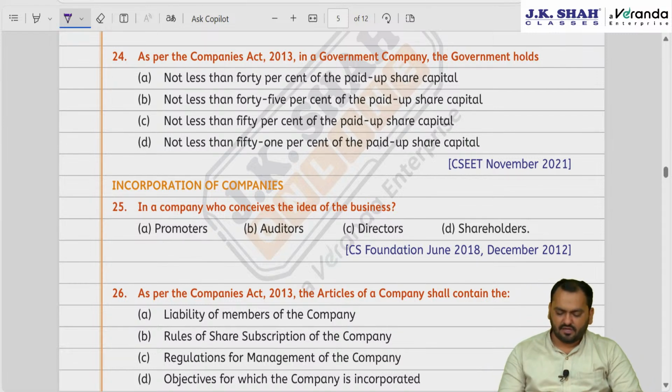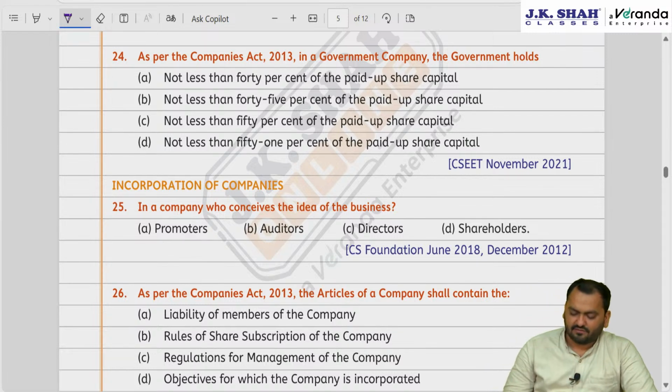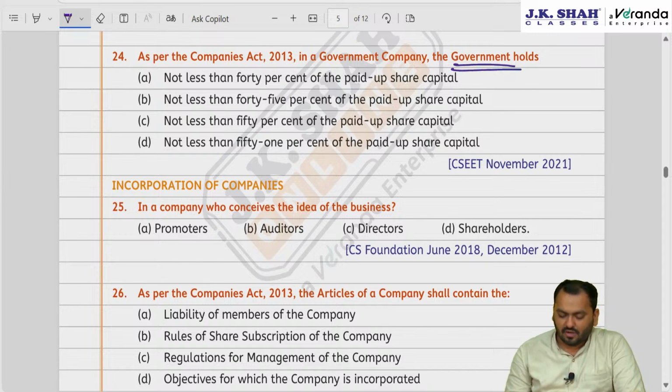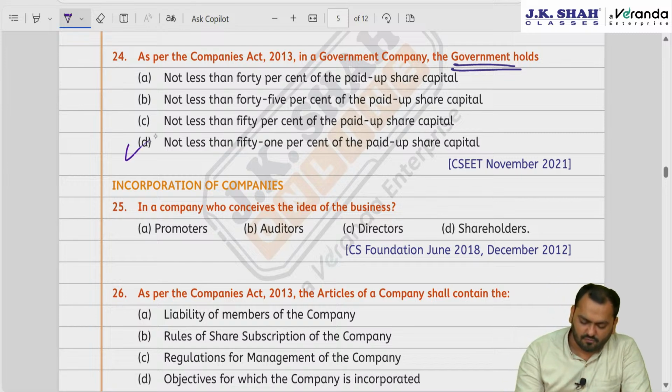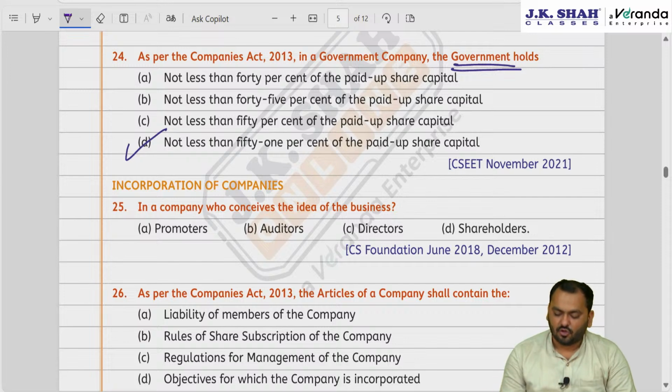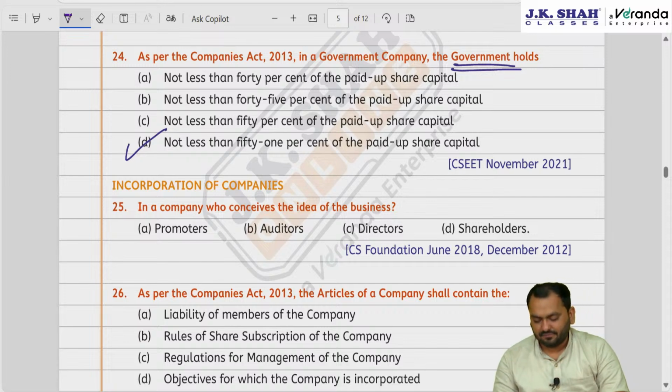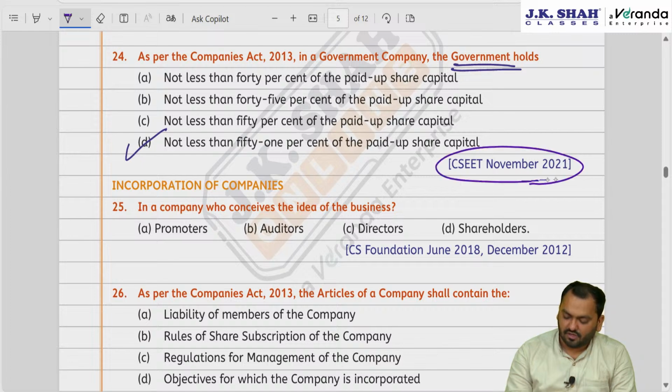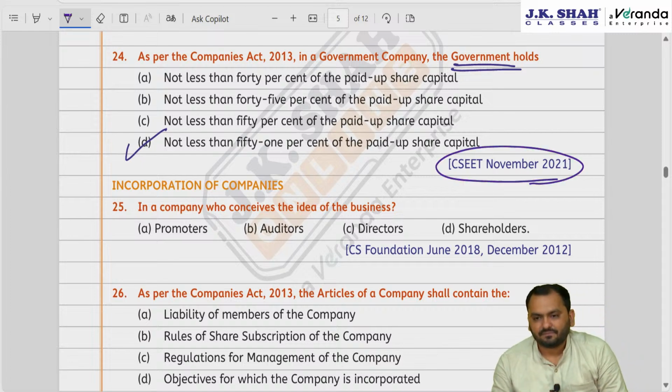All these are government companies. Coming back to the question, it is a company where government holds how much? The answer is not less than 51%. So option D is the right answer: not less than 51% of the paid up share capital. This question was asked in the November 21 CSET exam.